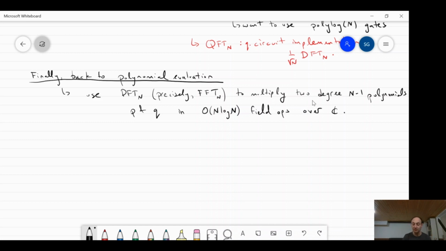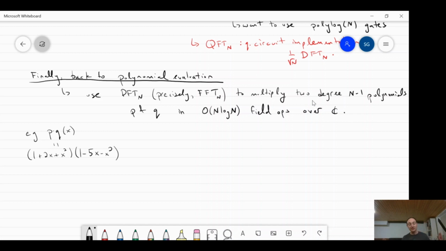So normally if I wanted to multiply out P times Q at some point x, the way I would do this is I would expand out P, which is maybe 1 plus 2x plus x squared, and then I would expand out Q, which might be something like 1 minus 5x minus x cubed, whatever, it doesn't matter.